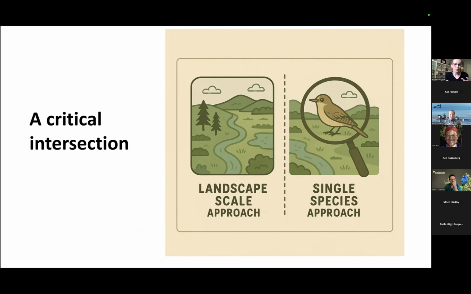That they're both critically important for species recovery. We don't really see how we can do single species recovery without thinking about landscape scale approaches. And our goal with Road to Recovery is to focus intentionally and directly on tipping point bird species. And this section of the wheel really walks the walk, so to speak, to that talk about how these approaches can be integrated and inform each other.